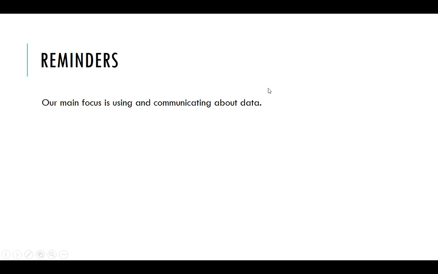So class, some reminders. The main focus here is using and communicating about data, right? That's one of the key things we're trying to accomplish in this class. The quality of your explanations matter. It's not enough to just generate statistics. You have to be able to share them with others and help them understand them.